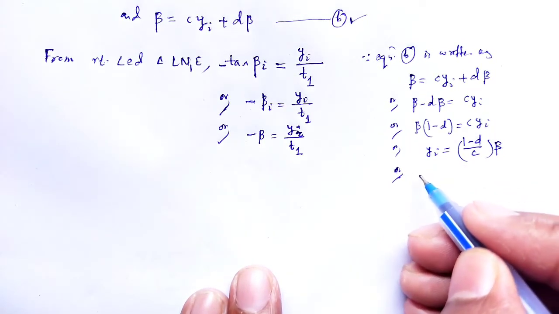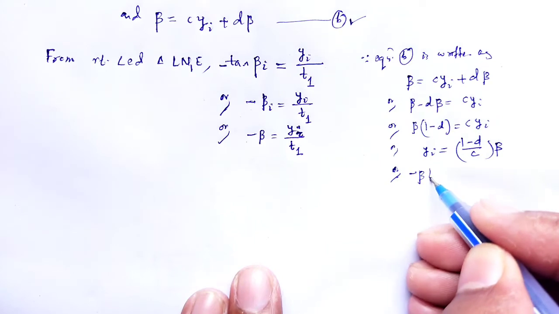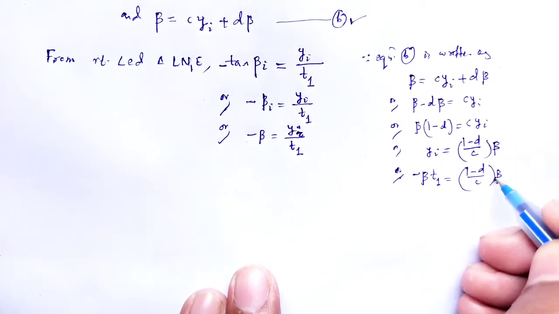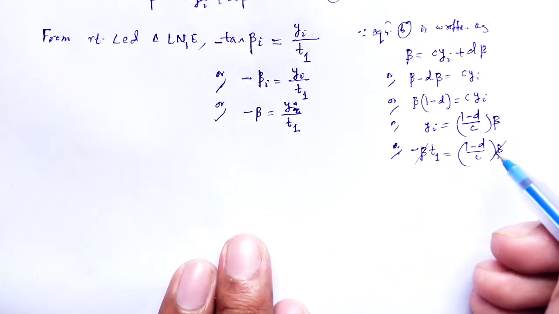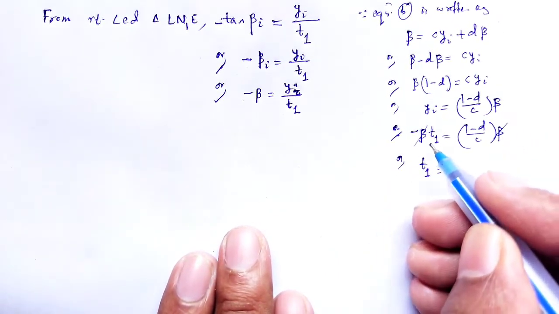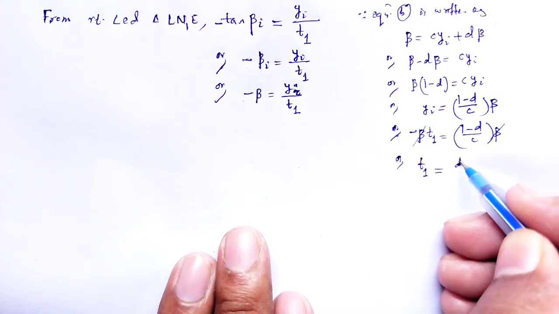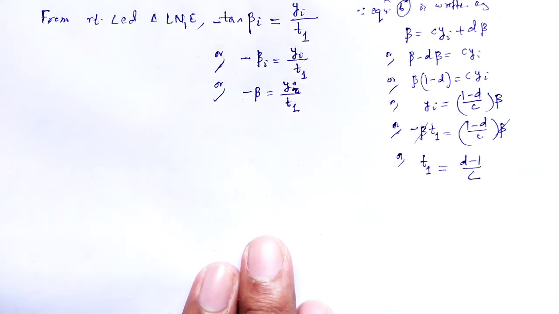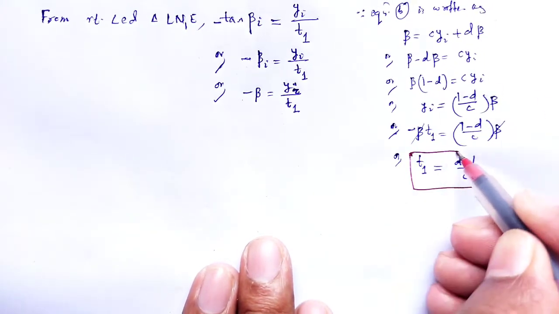Therefore minus beta into T1 is equal to (1 minus d) by c into beta. So beta cancels out, therefore T1 is equal to, minus is multiplied here, so (d minus 1) by c.